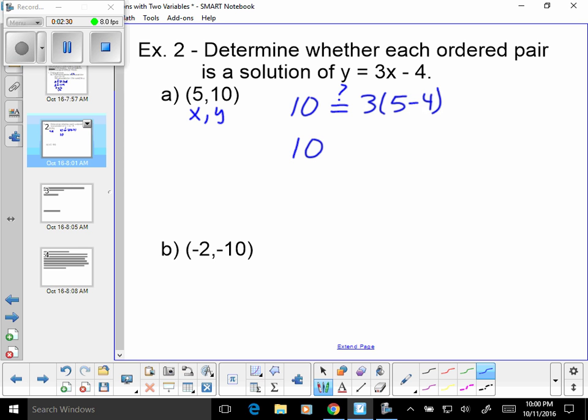Now we're going to do the math. It's not cooperating too well tonight. Here we go. 15 minus 4. Now you'll notice that 10 does not equal 11. So we put a slash, which indicates not equal to, and we write the word no. At this point, you hit pause, and you do B.